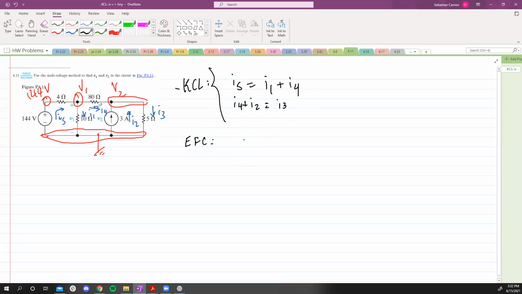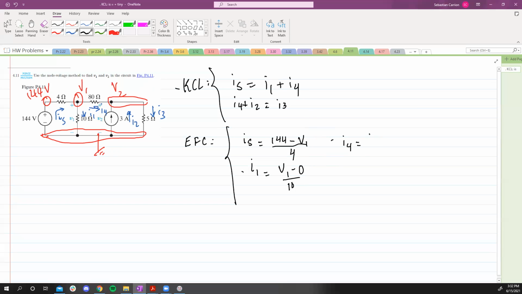So we say IS is equal to 44 minus V1 over 4. We got I1 equals V1 minus 0 over 10.